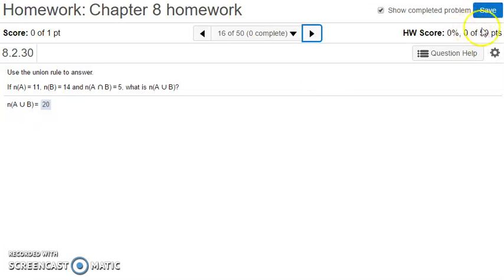And here's a formula the question help will definitely help you with. The number of items in the set A union B is going to equal the number in A plus the number in B minus the number in the intersection. 11 plus 14 is 25, minus 5 is 20, because you don't want to double count the number in that intersection.